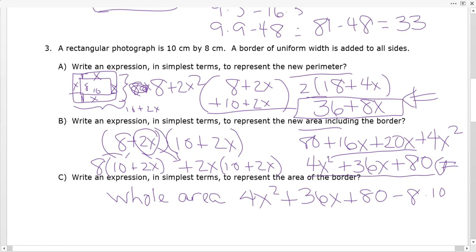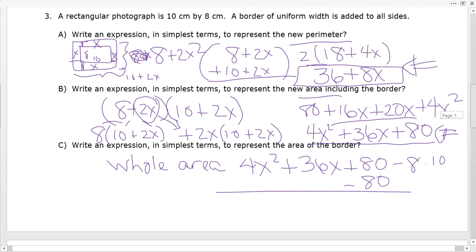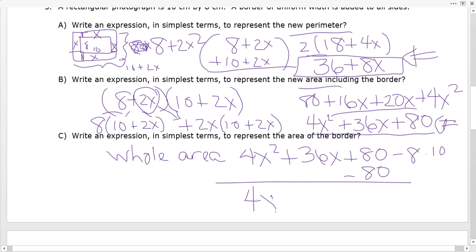So this is going to end up just taking away the 80, and what I have left is 4x squared plus 36x. That's the area of the border.